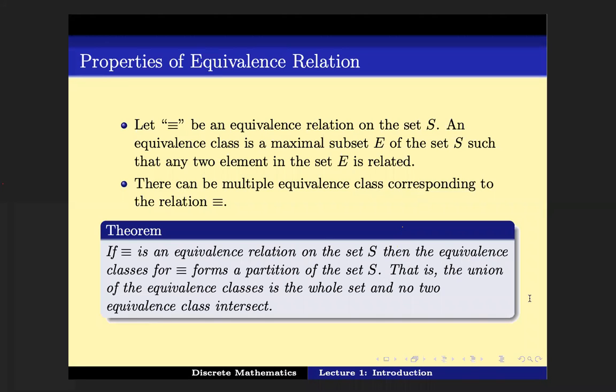In other words, a particular element cannot be in two equivalence classes. Is it clear what this theorem is trying to say?